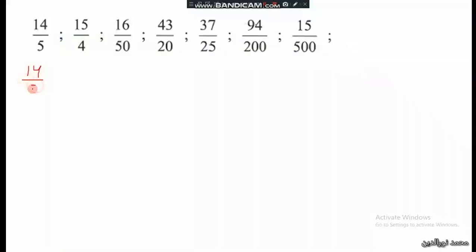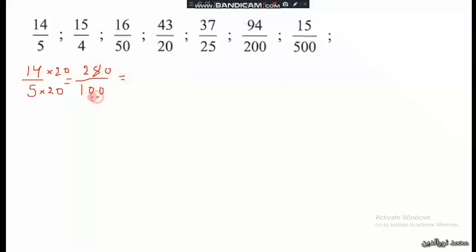14 over 5. So for 5 to become 100 we have to multiply by 20. So we do the same for the numerator. 5 times 20 is 100, and then 20 times 14: 2 times 4 is 8, 2 times 1 is 2, and we have a 0.